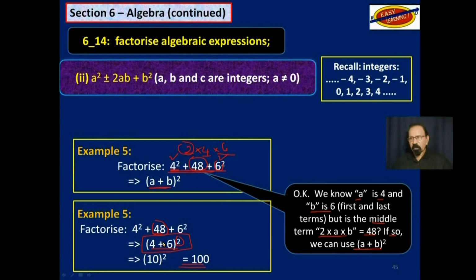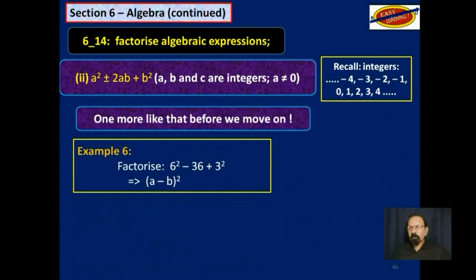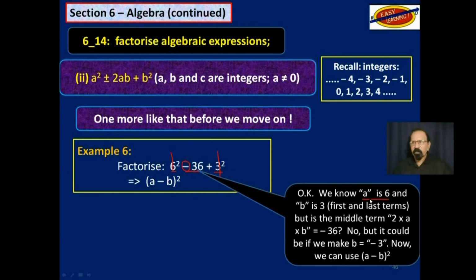4 plus 6 squared. Factorize 6 squared minus 36 plus 3 squared. Now, you see this minus here? It is not a plus, right? So we need, if that is A and that is B, we need to express this as a minus 2 times A, B. So we know A is 6.